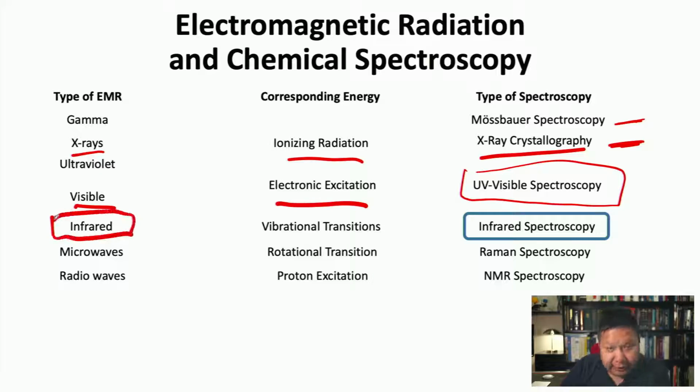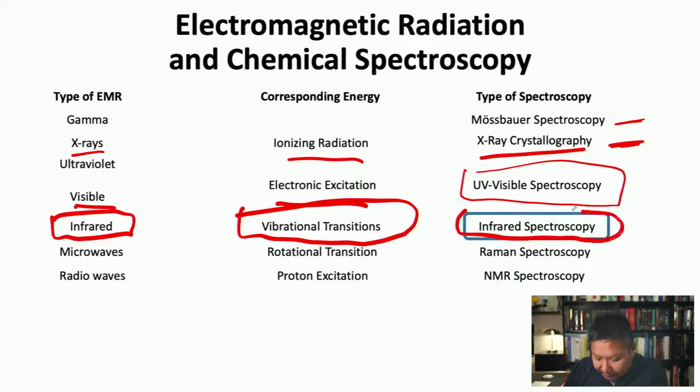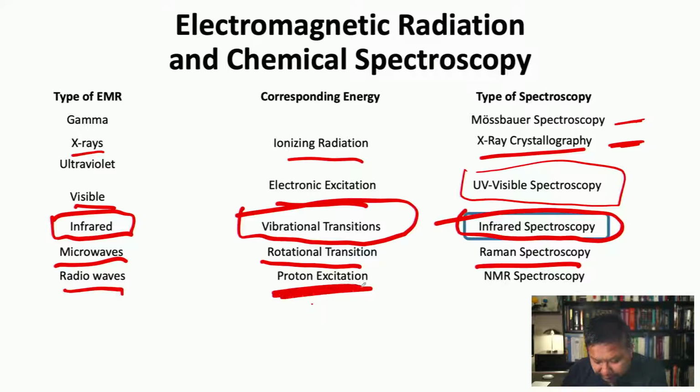Infrared, what we're talking about today in lab, is based on vibrational transitions. That's infrared spectroscopy, and I'll talk to you about that in more detail in a second. Microwaves actually do rotational transitions, that's like Raman spectroscopy. And the energy associated with radio waves can only excite protons, and that's NMR spectroscopy.